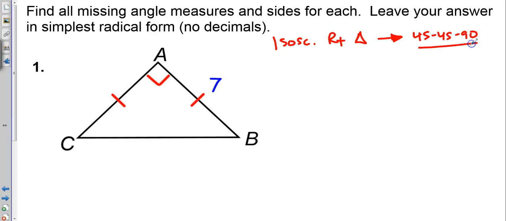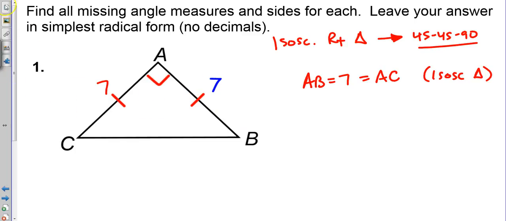All right, so that property that we just figured out is going to apply here. So what I know is that one of my legs is 7. Well, if AB is 7, then AC also has to be 7 because it's isosceles. All right, so if I know that one leg is 7, I know the other leg is 7.